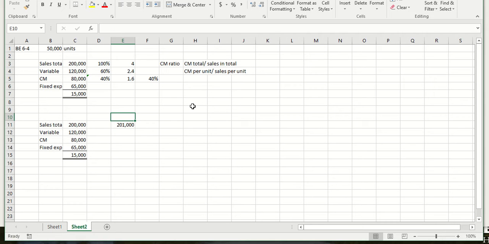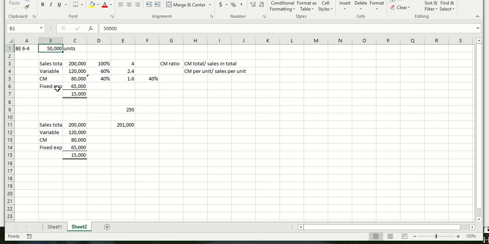Or how many units that would actually be. How many units? $1,000 extra in sales revenue divided by the cost per unit. So they're making an extra 250 units.